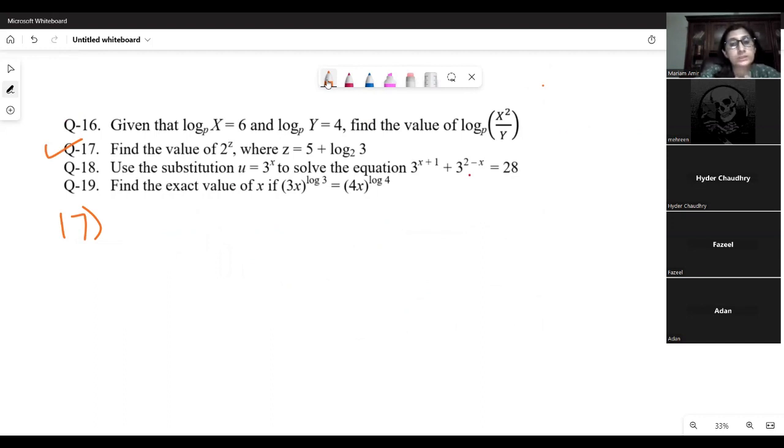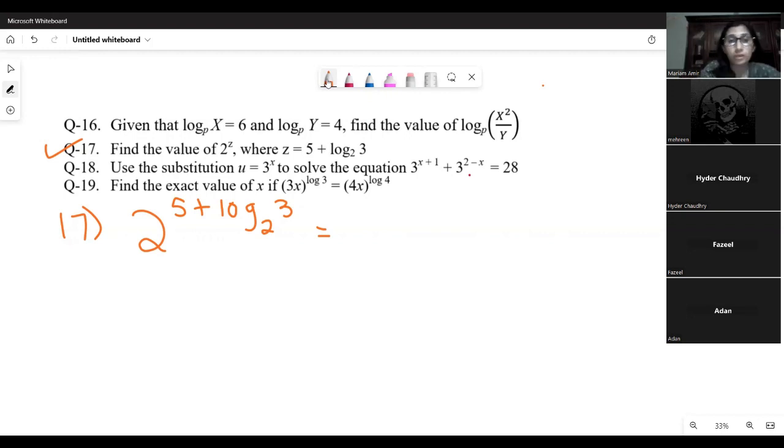What is this question? 2 power z means 2 power 5 plus log base 2 of 3. This is an add math question. But I'll go ahead and do it with you. But this is add math for sure, because it uses a property that is in add math but not in AS. But I'll go over it.